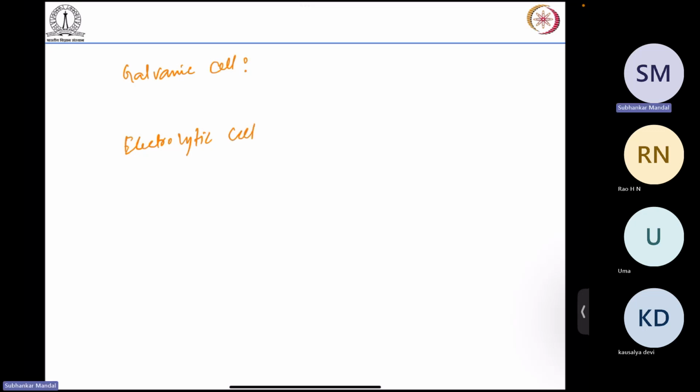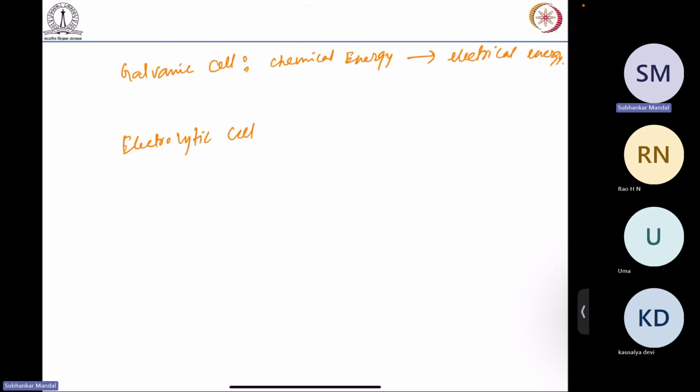So what is a galvanic cell? In a galvanic cell, chemical energy is transformed to electrical energy. That means suppose some redox process is happening: Fe2 plus is going to Fe3 plus and 1 electron, and that extra electron goes to the external circuit, so you are getting current from the system.